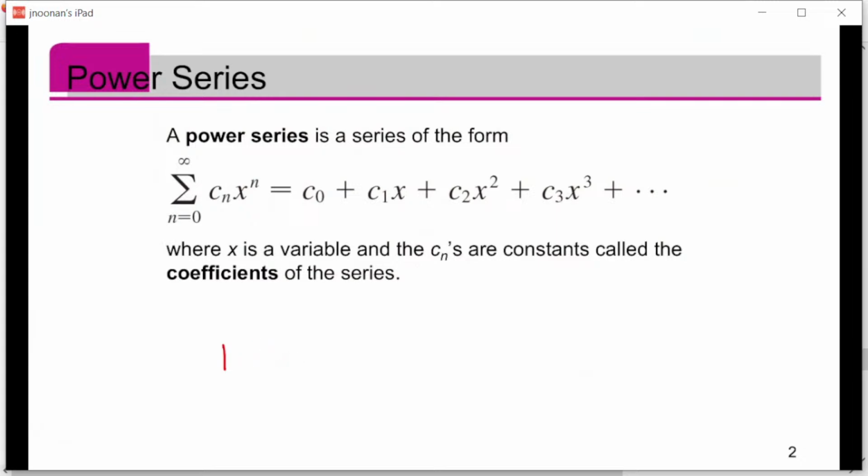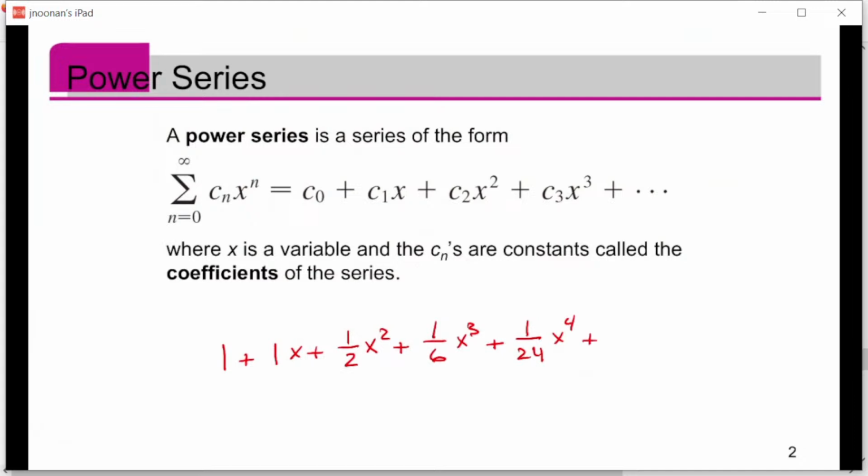Let me start again. Here's an example of a function that we're going to be studying a little later on next week. So C0 is 1. C1 is also 1. C2 is 1/2. C3 is 1/6. C4 is 1/24th.